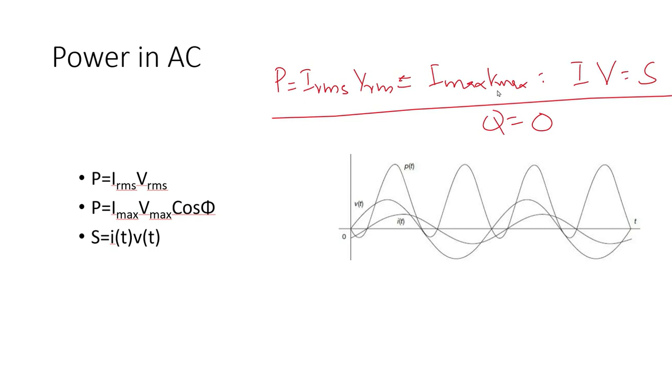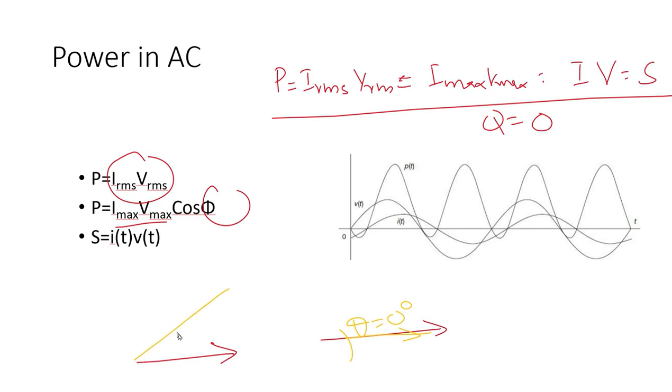The real power can be calculated either from the heat dissipating measurement units such as IRMS and VRMS, or from the maximum values, where we know the angle difference between current and voltage. In DC, current and voltage were in the same phase and theta was 0 degrees. But now current and voltage would have some lead or lag, so there would be some theta with it.